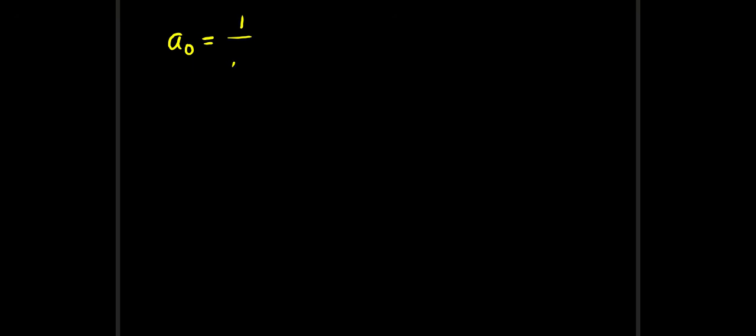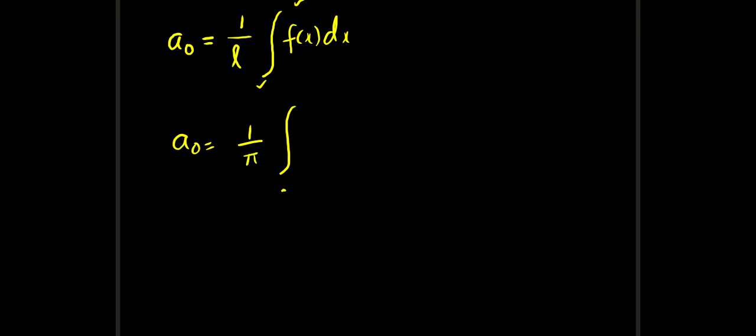That will be 1 by L integral over the given limits of f of x dx. So a naught is equal to 1 by pi integral from 0 to 2 pi, the lower limit and the upper limit, and our function is x square dx.